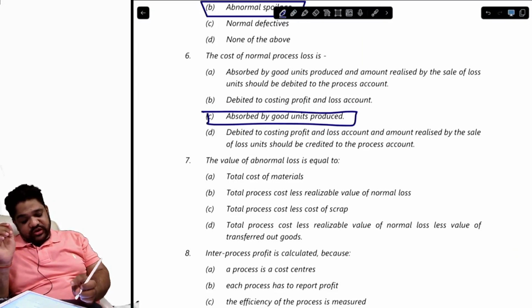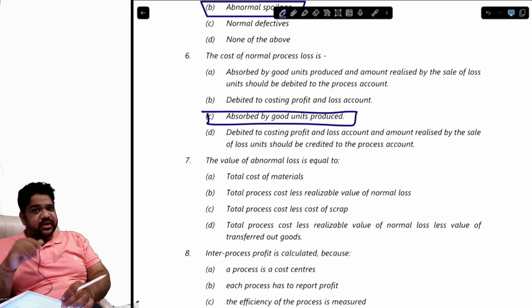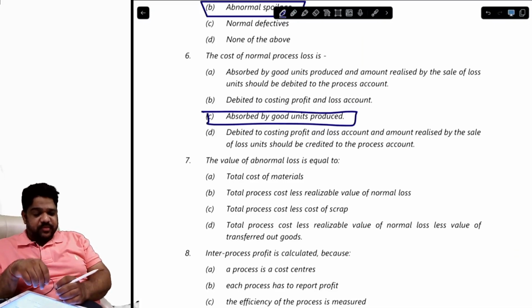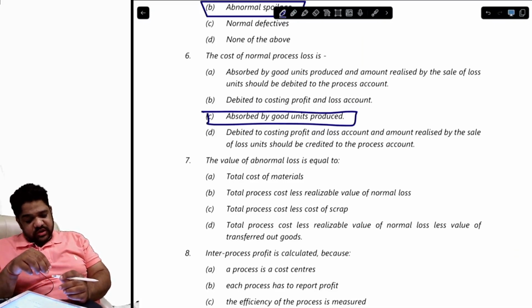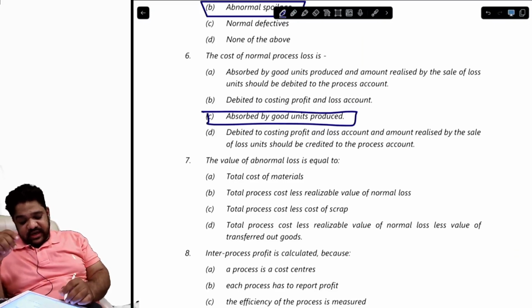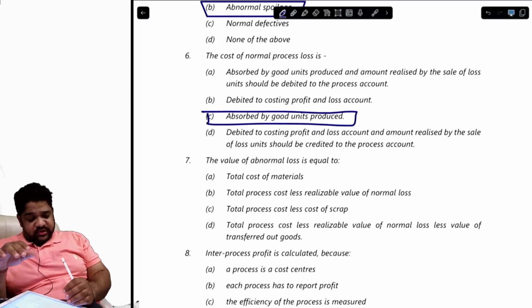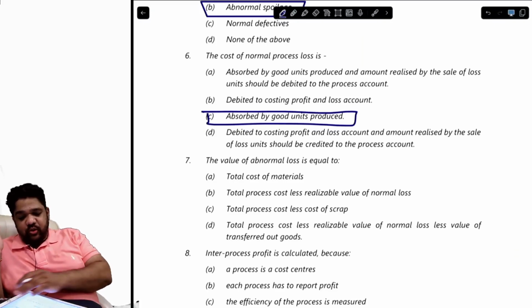Total process cost less cost of scrap. No. This is basically your numerator of expected cost per unit. Total cost minus the scrap value of normal loss. It has to be the fourth one then. Total process cost less realizable value of normal loss less the value of transferred out units.